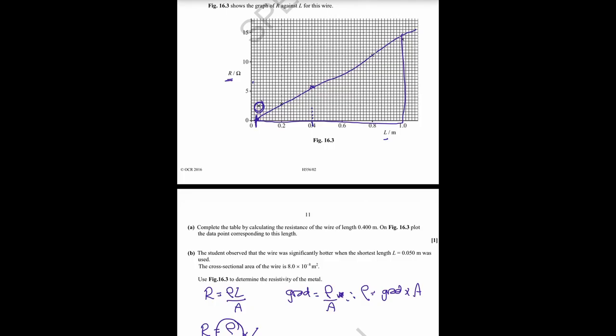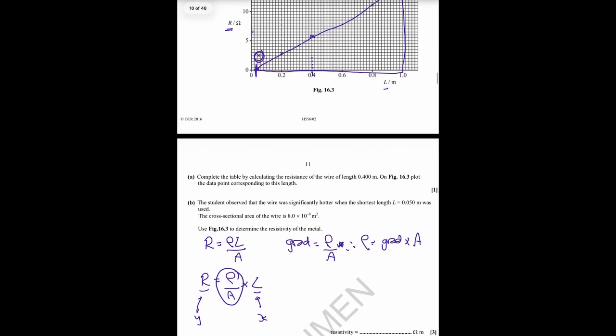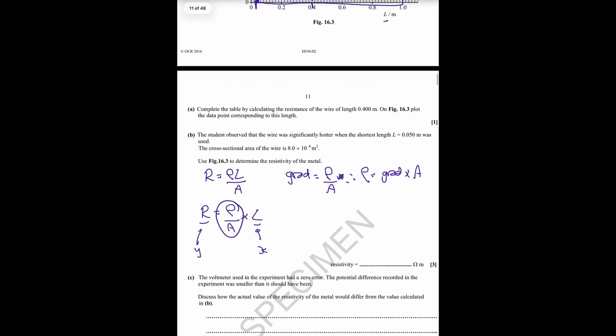Now, obviously, because this drawing is not very good, I can't bother to work out the gradient. You just work out what the gradient is, and then whatever the gradient is, you multiply it by the cross-sectional area. The answer on the mark scheme says that the resistivity should therefore be about 1.1 times 10 to the minus 6, and it's already in ohm meters.